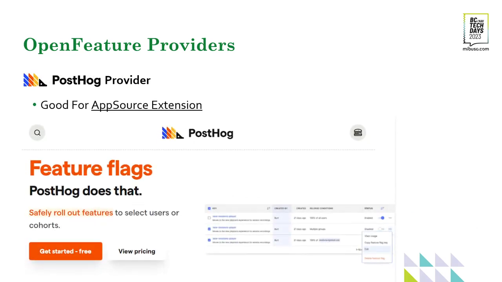The second one is a PostHog provider. PostHog is one of the services available there to manage your features. And for us, the requirement is that we are an ISV provider as well as a partner. We're shipping hopefully quite popular apps to AppSource.